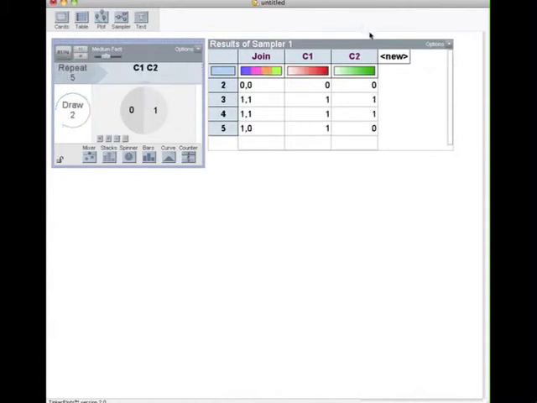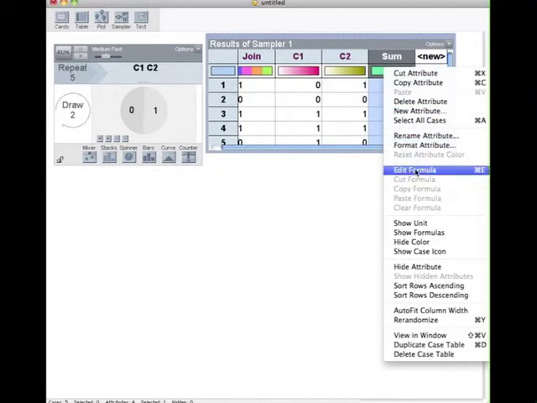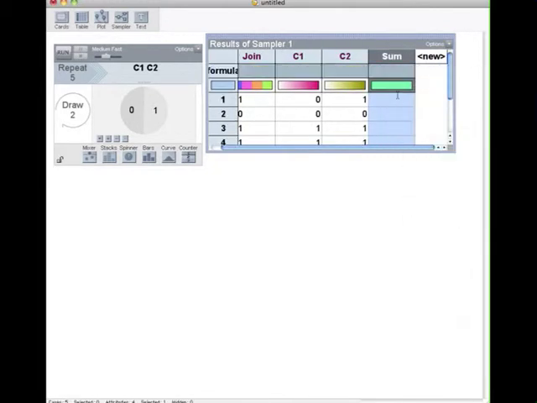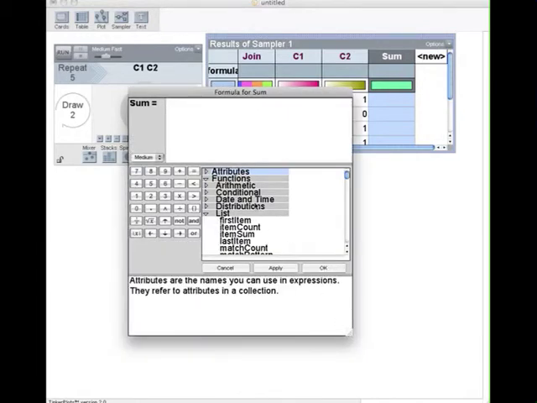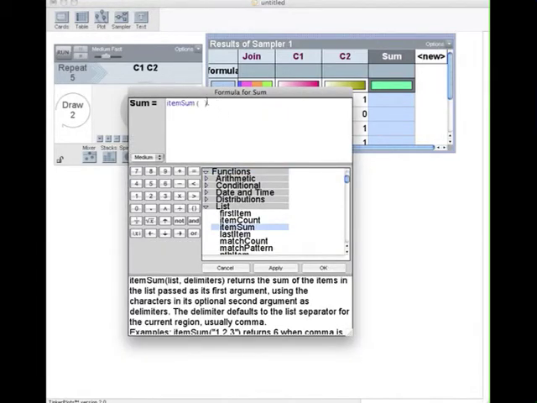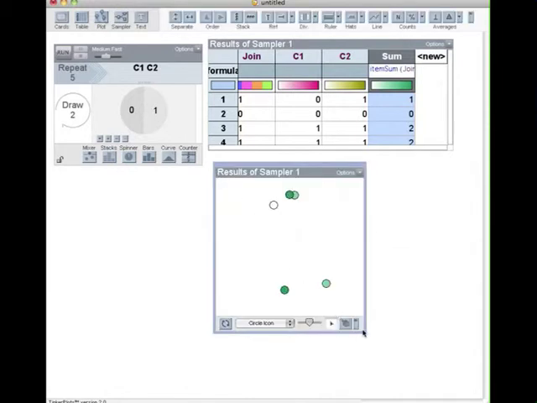Then, when we run a sample, we can just add up the number of 1s to know exactly how many times the ball went right. Then, we can ask TinkerPlots to plot a graph to show us the results.